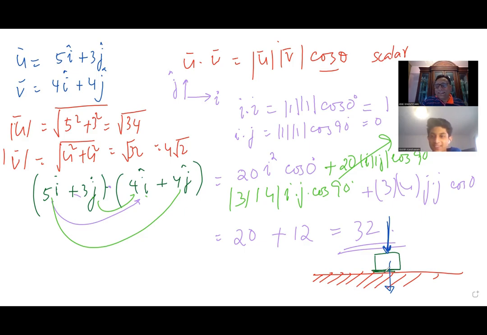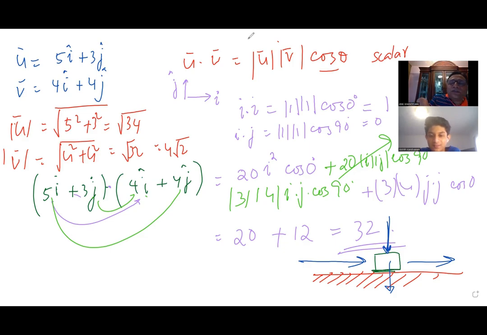So zero work is done. If I want to move in this direction, applying force at 90 degrees to that results in zero output. You understand the concept? That is how the dot product is defined for i and j. The only component which helps it to move is the component in this direction, cos of 0. Otherwise it is zero.